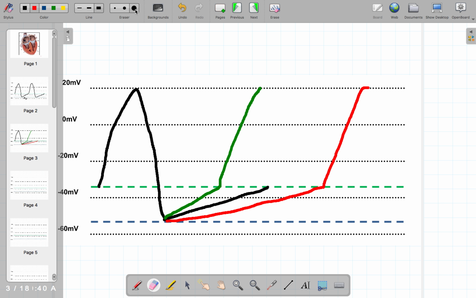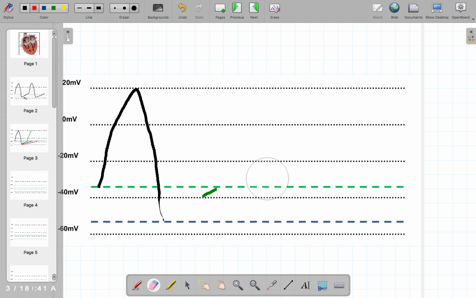So let's take a look at something else that can happen. So I'm going to erase the stuff of the IF, and we'll talk about another possibility. So we'll redraw our sort of normal stuff, like so. And so the second possibility has to do with the fact that these thresholds that I've drawn are really malleable. They can move up and down. And so again, this reflects what the channels themselves are doing.